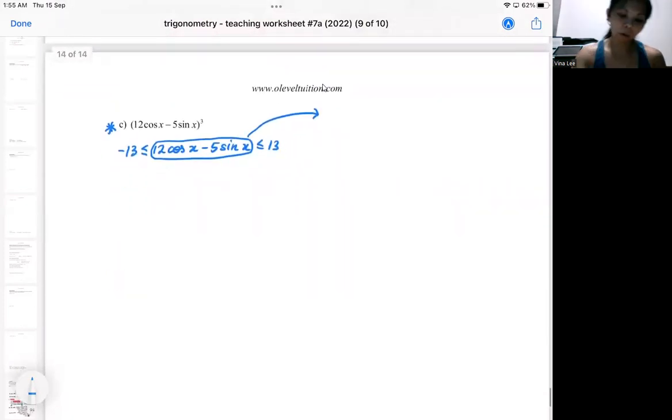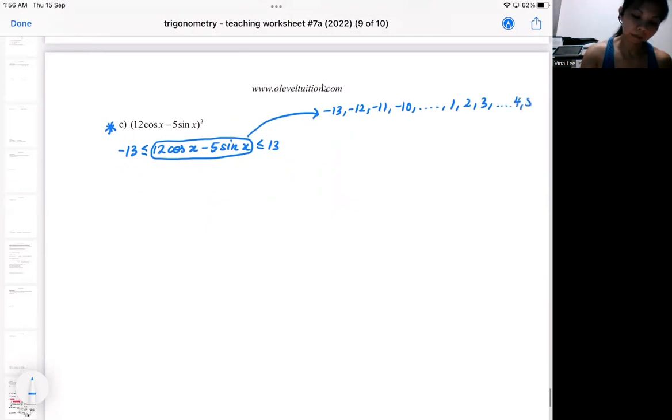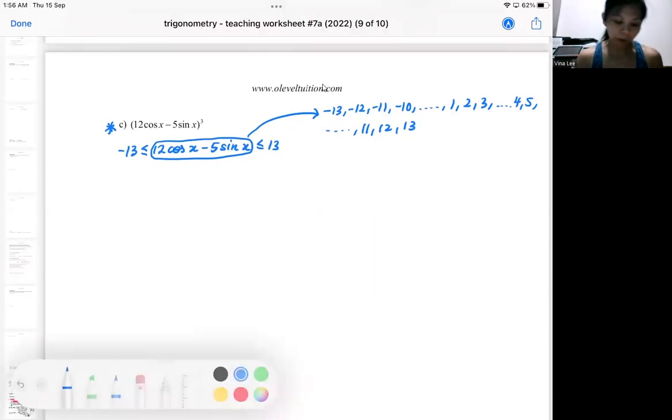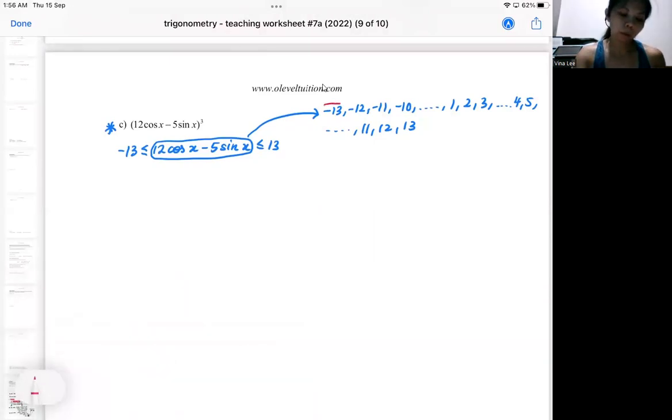You take all the possible values and you try to cube them. You see what happens. So you cube this number, negative 13.